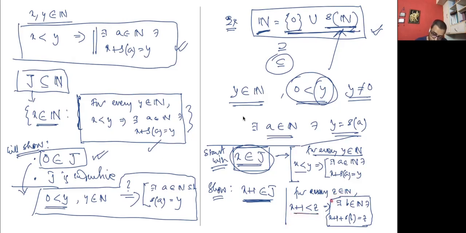And then try and show that there is a B for which you have this. So we can say that suppose there is a z such that this happens, then since x plus 1 is less than z, x is less than z minus 1.